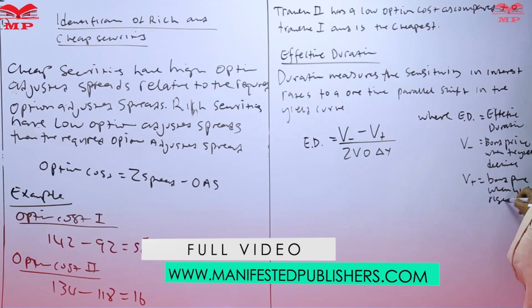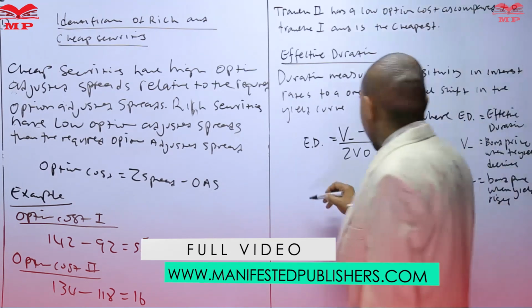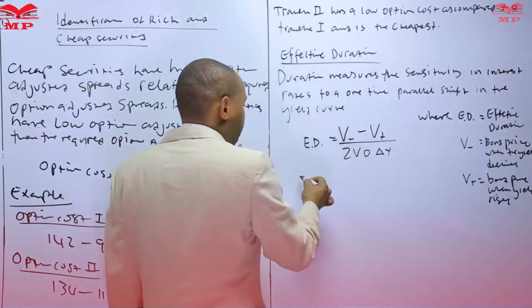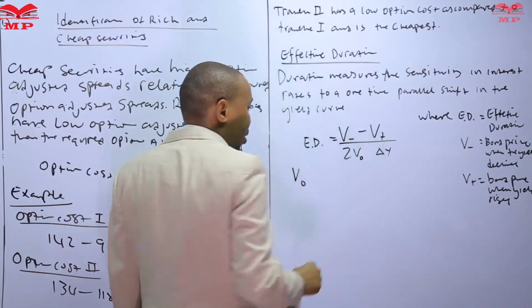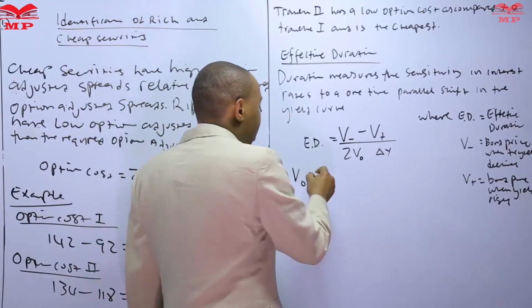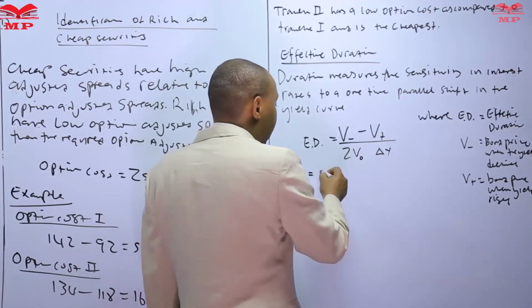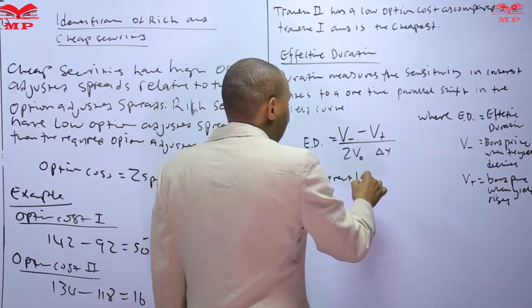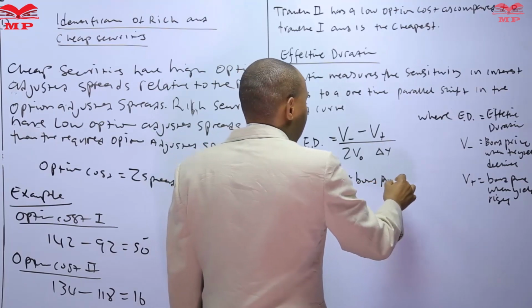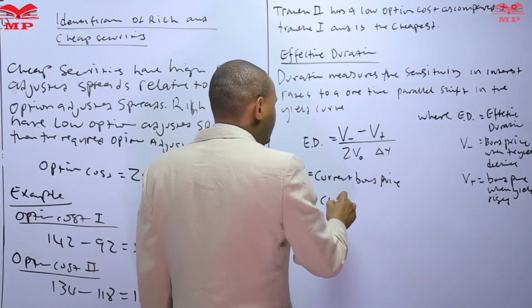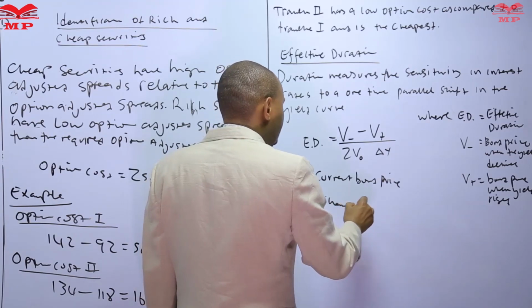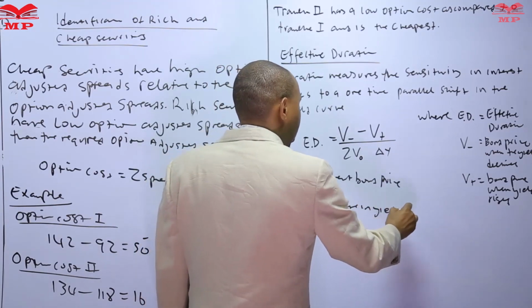Here we have the spot price existing like that, and this is the forward price, like that. So this we're saying is backwardation.